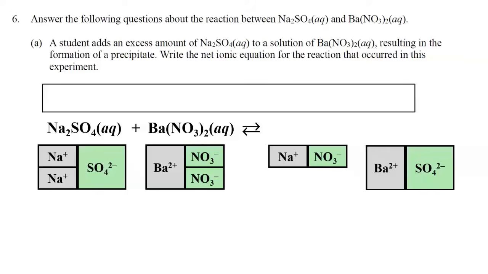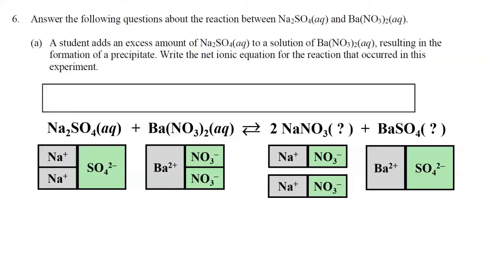Notice that the charge balances, +1 and -1, +2 and -2, but I still need to balance the overall equation, so I need 2 moles of sodium nitrate on the right to balance the overall equation. So here is my balanced equation, but I'm going to put question marks inside the symbols for either aq or s.